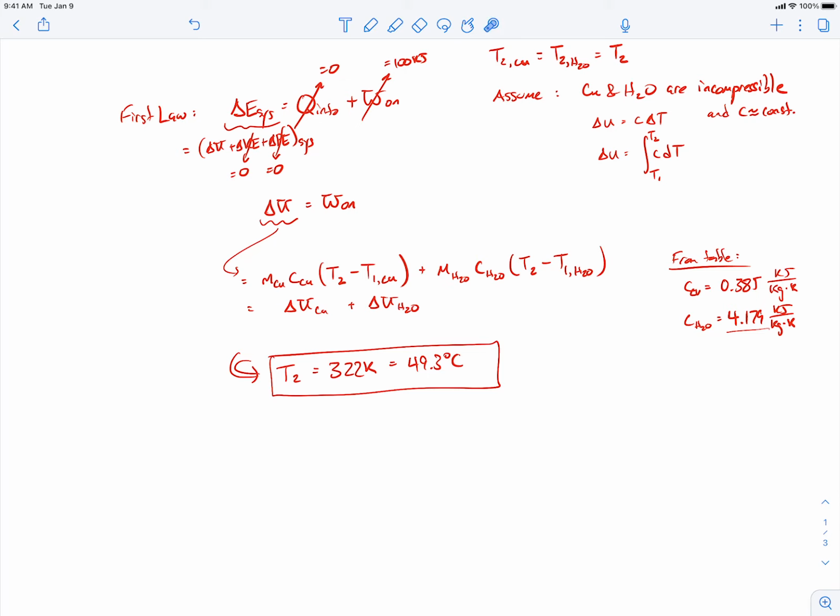One thing I just want to highlight is I can use degrees Celsius here in the temperatures. I don't have to convert them to Kelvin. It's fine if you convert them to Kelvin, but you don't have to. And the reason is because these are differences in temperature. So a 10 degree Celsius difference is the same as a 10 Kelvin difference, right? They're the same size. Since I'm dealing with differences here, I can just use degrees Celsius rather than Kelvin.